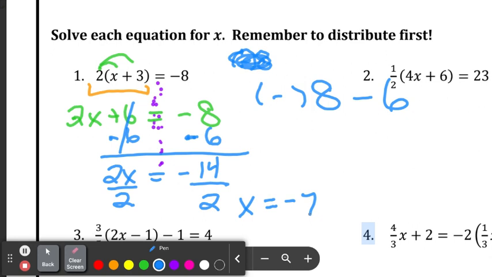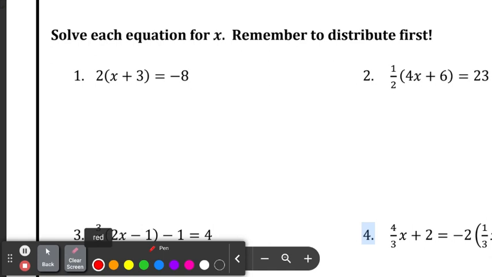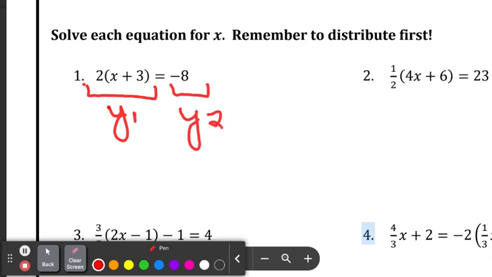Before we move on, we are going to look at how you could also do this using the graphing calculator. And again, my calculator is kaput on this Chromebook, so you're going to have to try this on your own. You go into y equals, this side goes into y1, this side goes into y2.